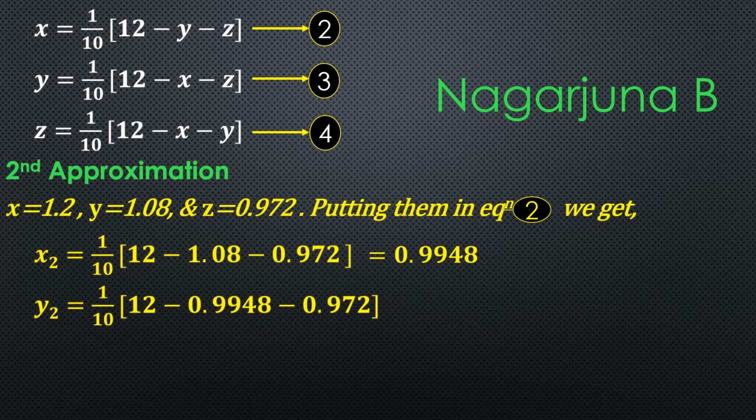In the calculator you can type, open the bracket, 12 minus 0.9948 minus 0.972, close the bracket, divided by 10, and that answer is 1.0033, which is after rounding off to 4 significant digits after the decimal point.